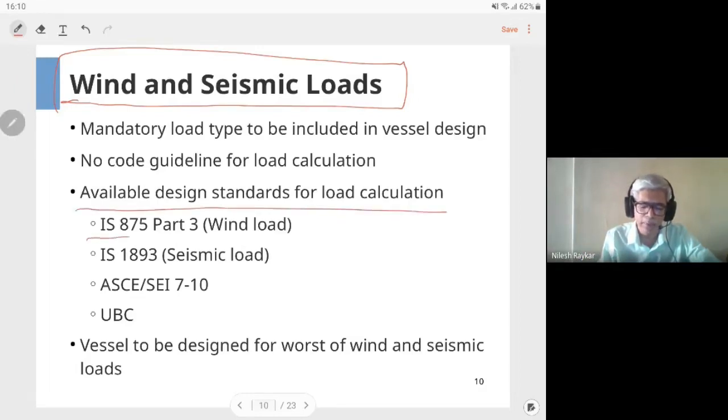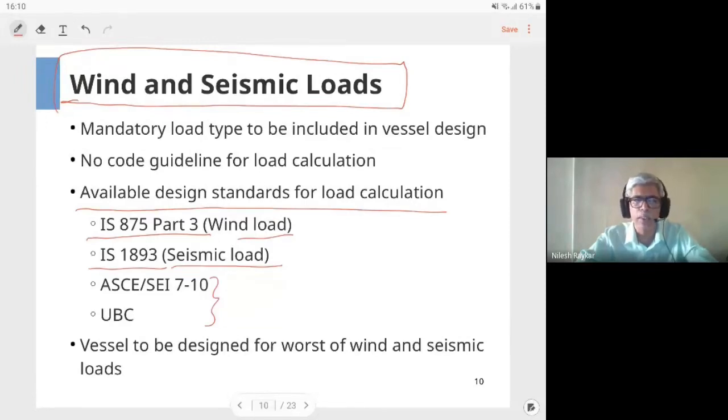So in India, we have IS 875 Part 3 for wind load and IS 1893 for seismic load calculation. Apart from that, these design codes have mainly evolved from the civil engineers' point of view. All the structures that they design need to withstand seismic as well as wind loads, and in cold countries, snow load. That I have not shown here.